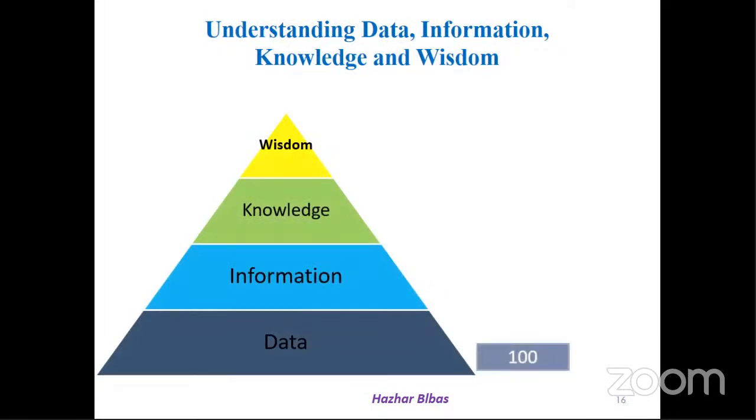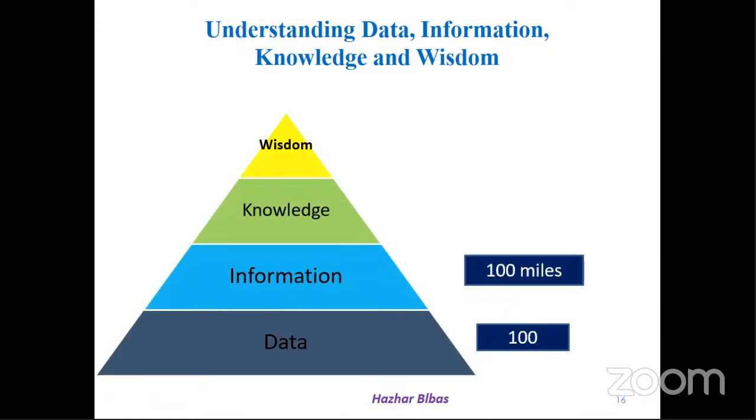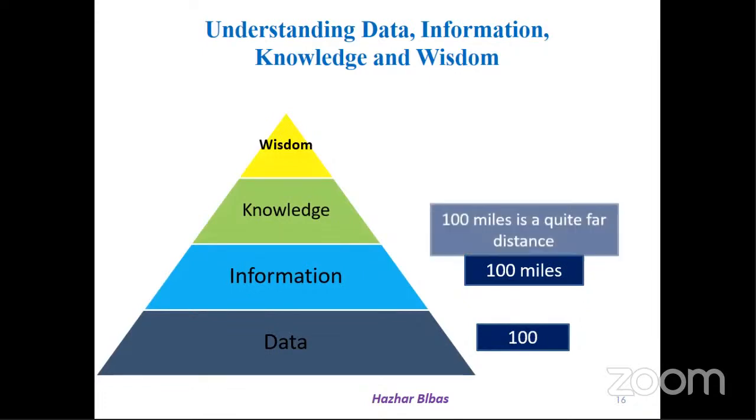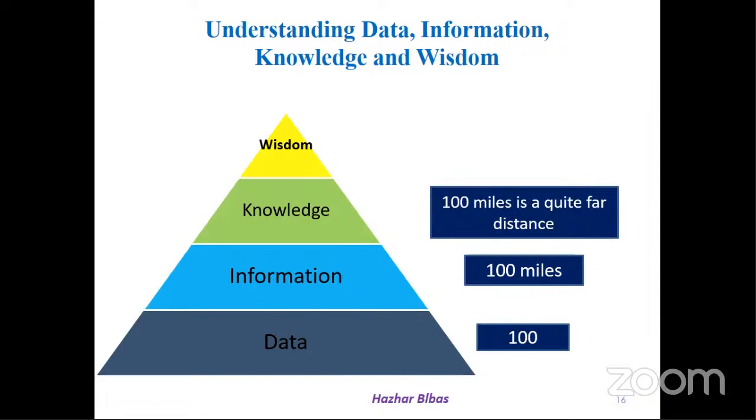Understanding data: if you say 100, sure, 100 is data. But to make it clearer, how it becomes information: if you say 100 miles, we add something here. If you say 100 miles is quite long for a distance, we are discussing the distance.